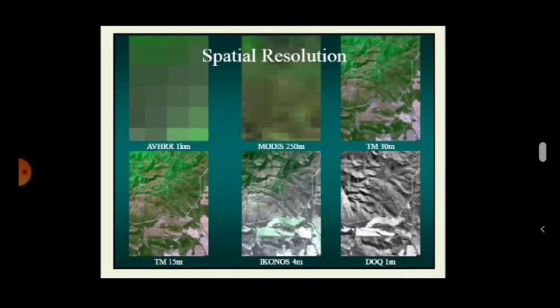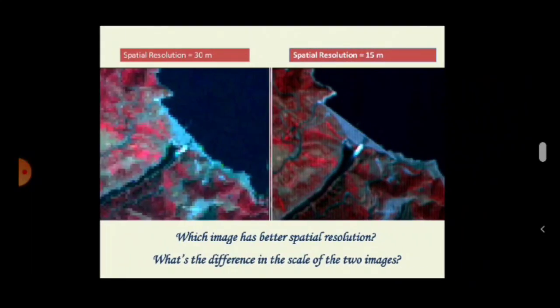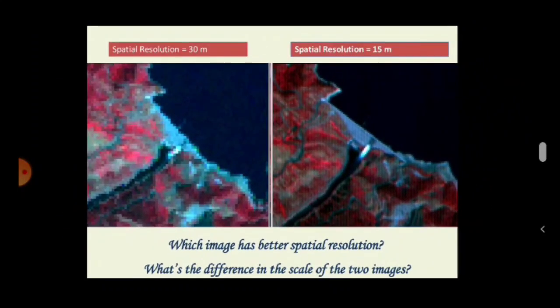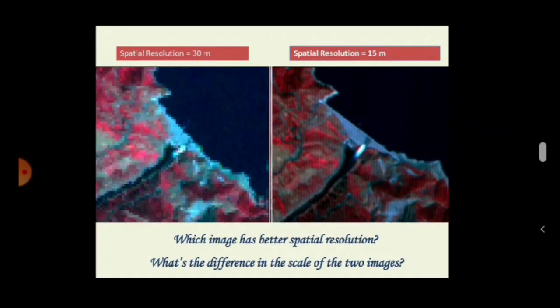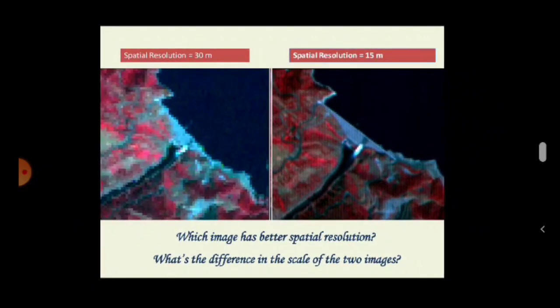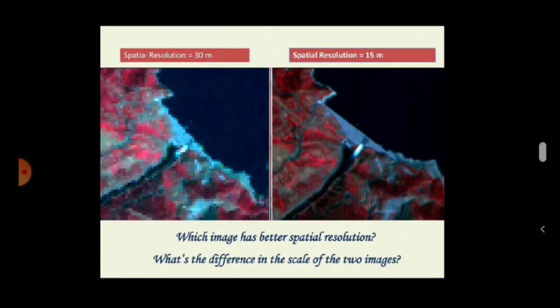So that's about spatial or ground resolution. Let's move to spatial resolution. You can see spatial resolutions of 30 meters, 50 meters. You can tell which image has a better spatial resolution, the image on the left, at a glance, even without mentioning the resolution values. You can also say it from the difference in scale of the two images.